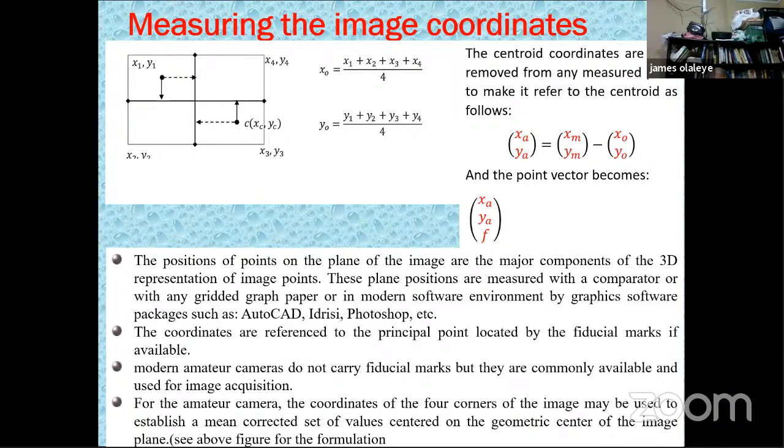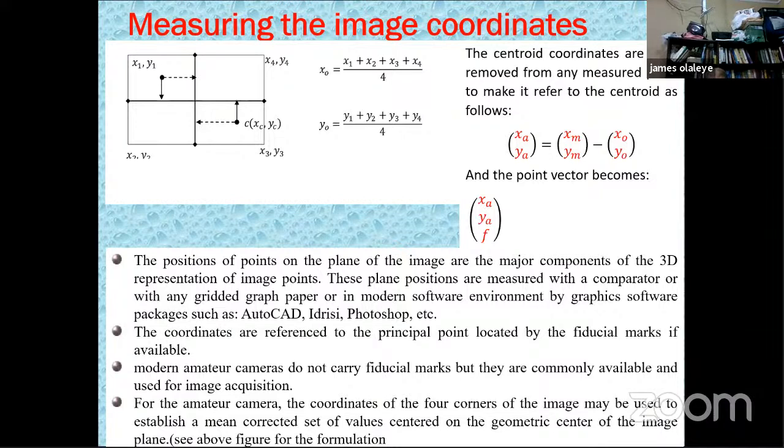The formulas have been provided as shown on my page. Once you have read the pixel coordinates from the image, all the x values of the four corner points are added together arithmetically and divided by 4. That means averaging the x readings and also averaging the y readings.